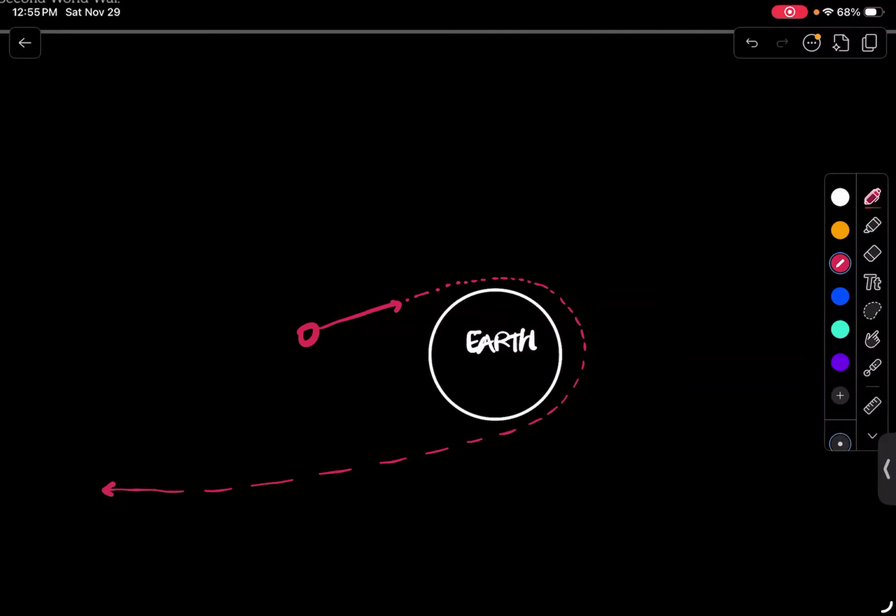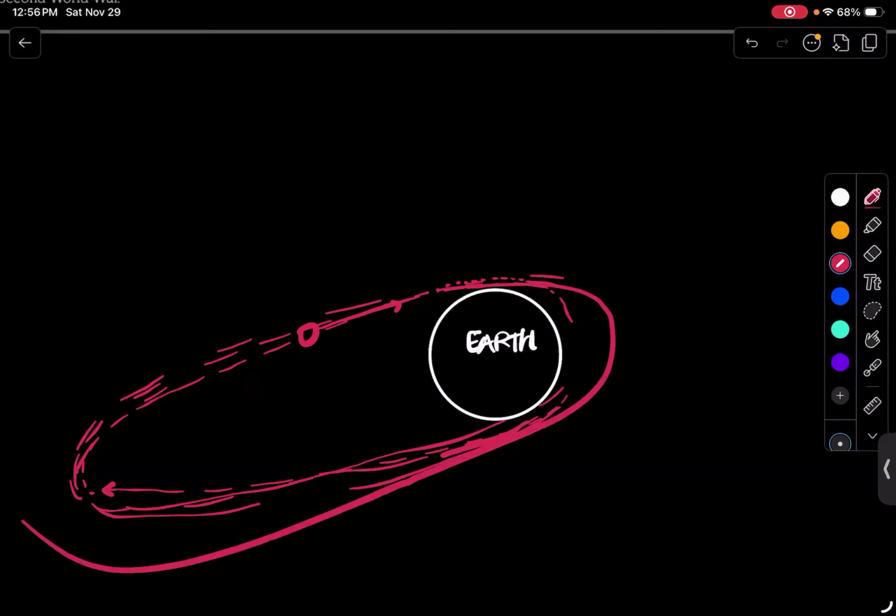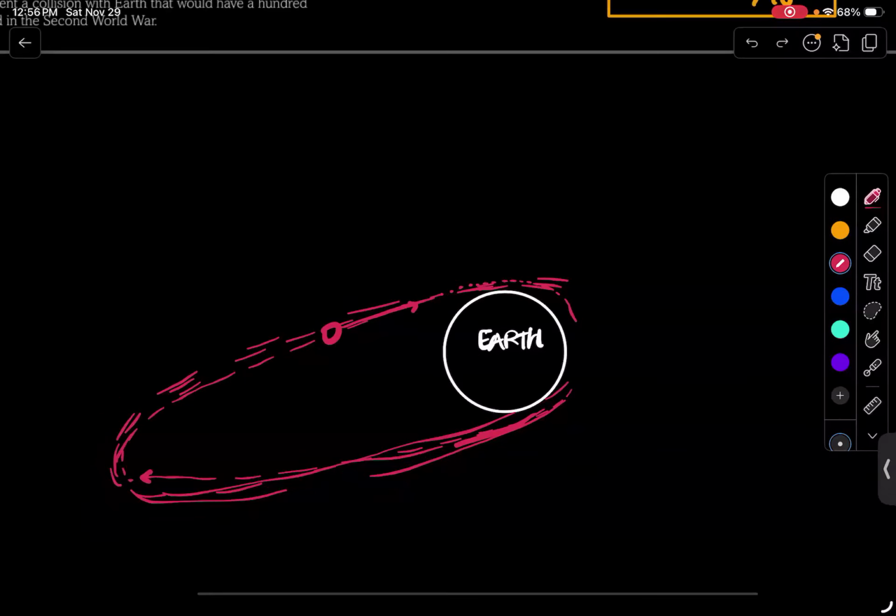Okay, but what could happen is it could come back as well and it could keep on continuing in an orbit. It comes close, it slingshots back, it comes close, and it's going to slingshot back. That's what happens to a lot of comets. But some comets just have so much velocity that the Earth slingshots them back into a very large orbit.